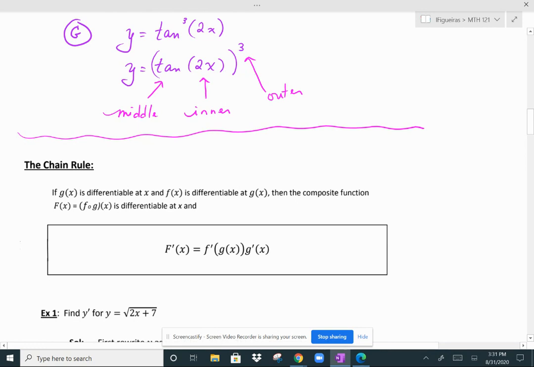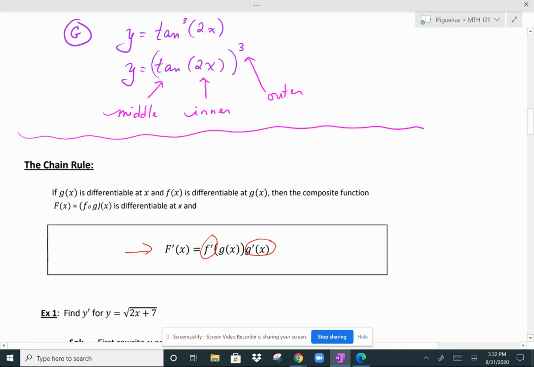So suppose g of x is differentiable at x and f of x is differentiable at g of x, then the composite function f of g of x, which I'll call capital F, is differentiable at x, and therefore capital F prime is f prime of g of x times g prime of x. So in other words, you take the derivative of the outer function first, and then you multiply it by the derivative of the inner function.